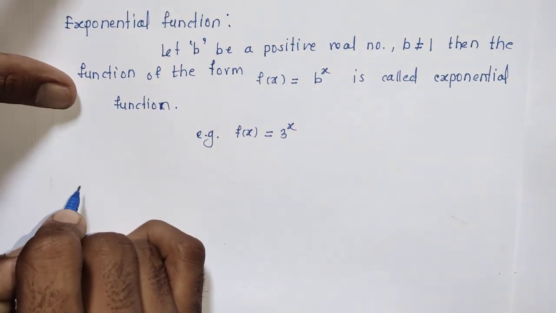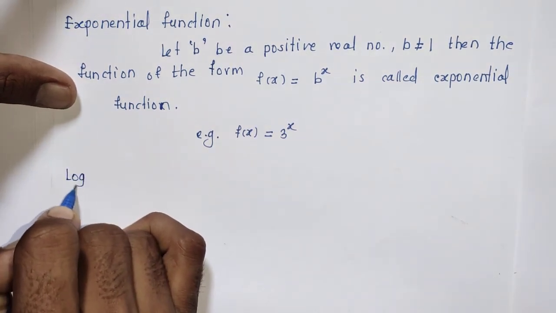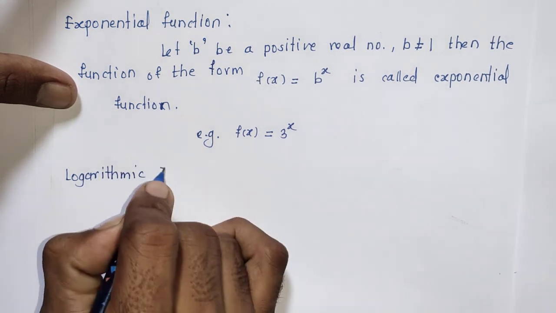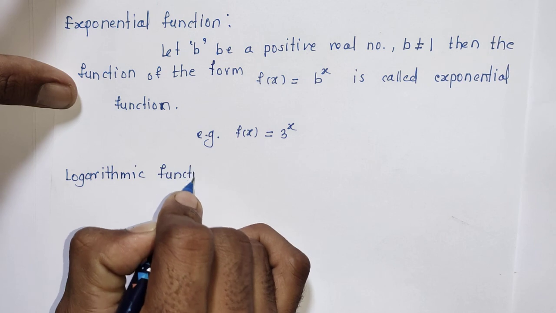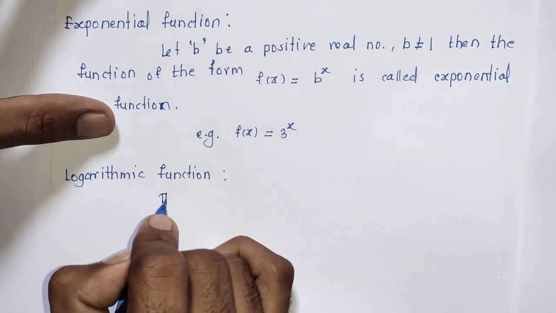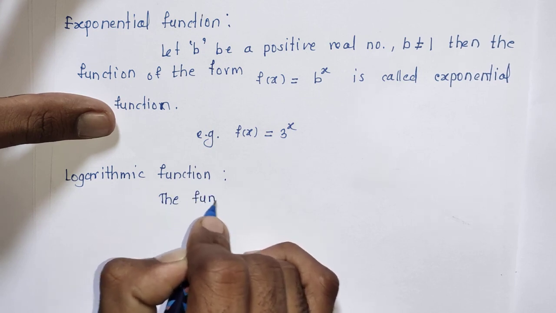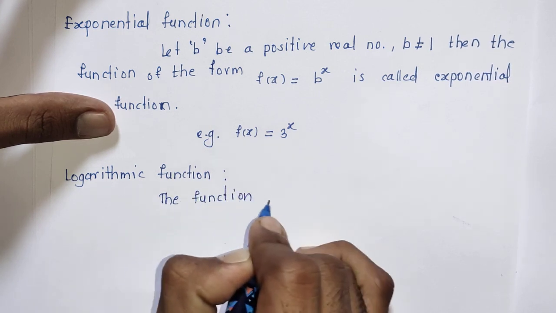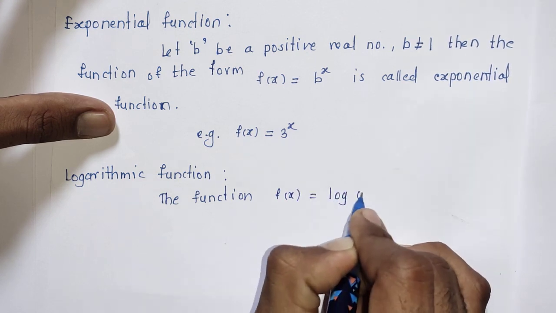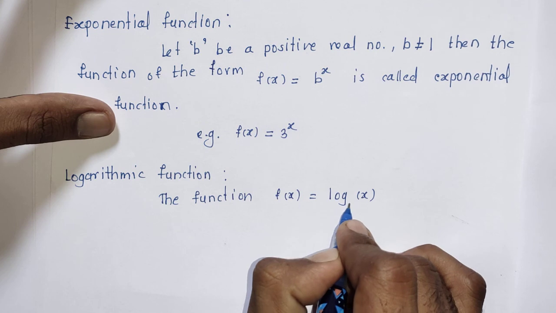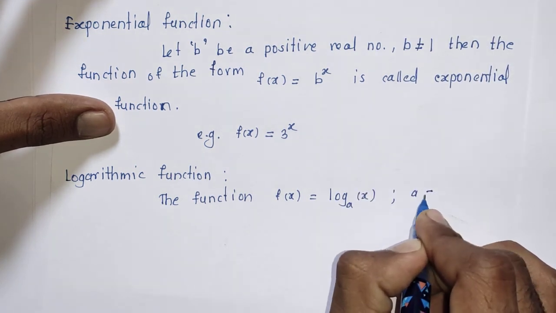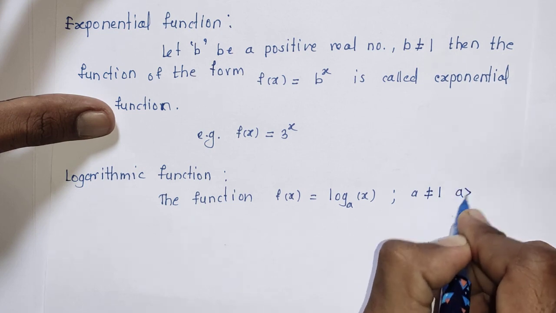Now the next definition is the logarithmic function. The function f of x is equal to log x, where the base of the log is a, where a is not equal to 1 and greater than 0.